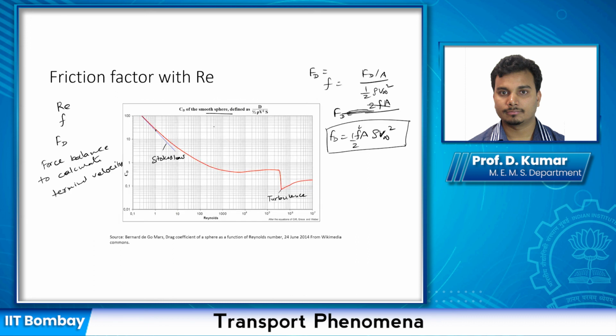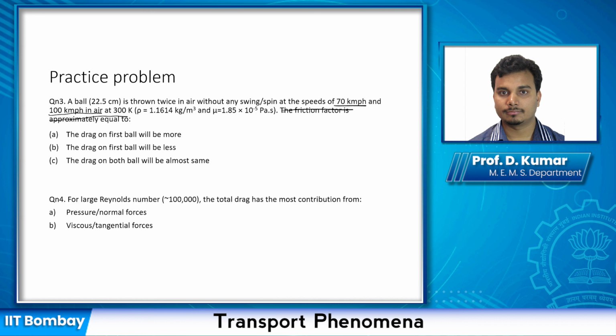You can consult this graph and come back to answer it. Let's say instead of drag, you compare the drag coefficient. That is much easier to check rather than going on calculating, though you can calculate other things as well.